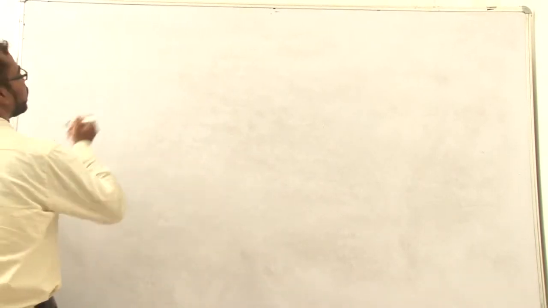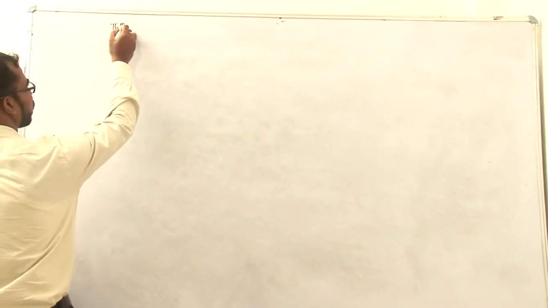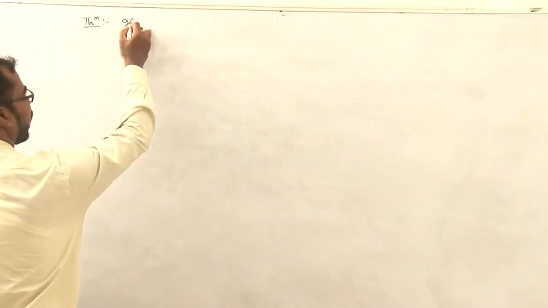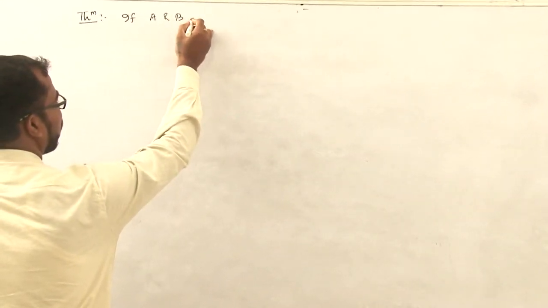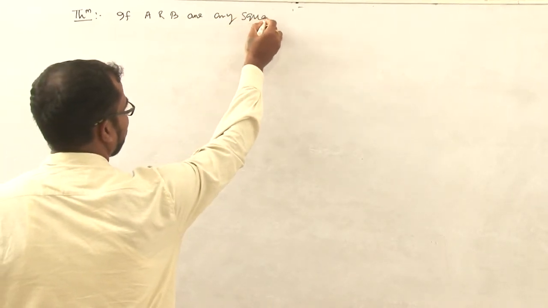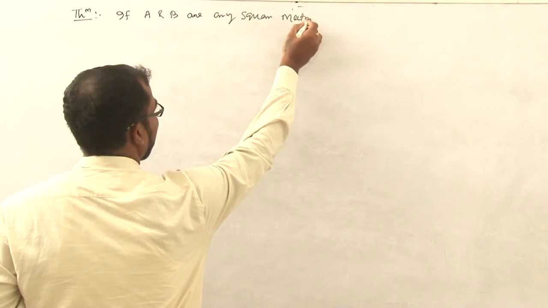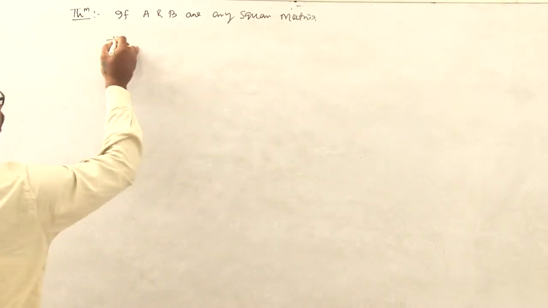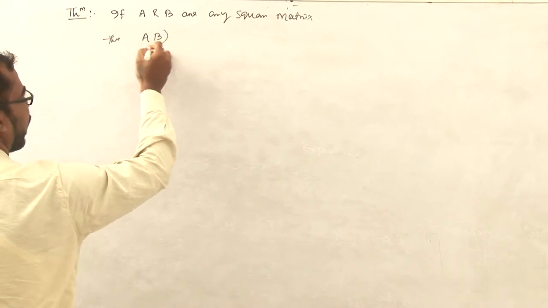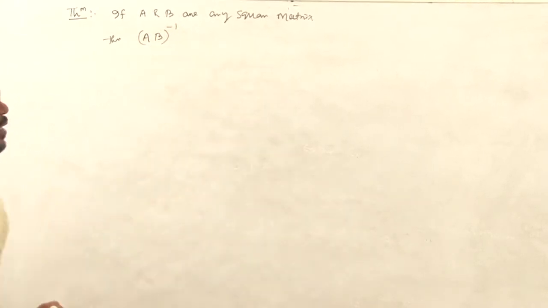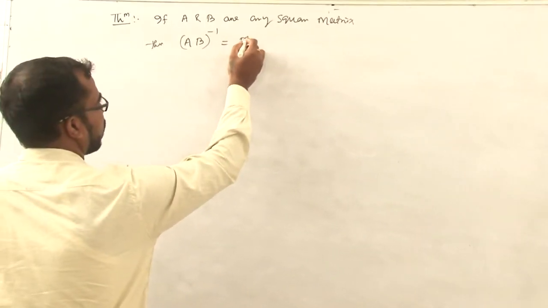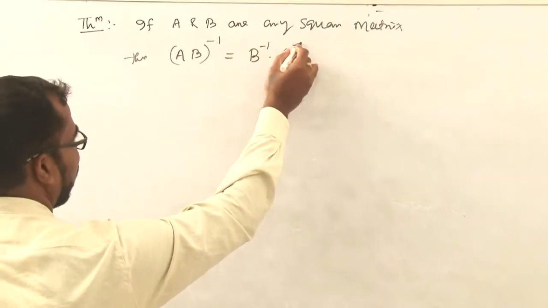The most important one you can write as a theorem: if A and B are any square matrices, then the inverse of AB is possible, that is, you can write inverse of B into inverse of A.